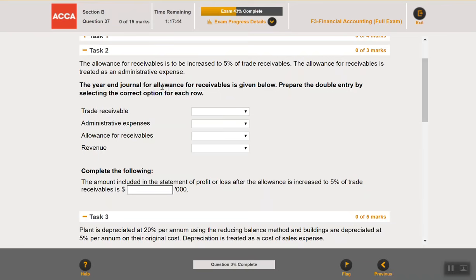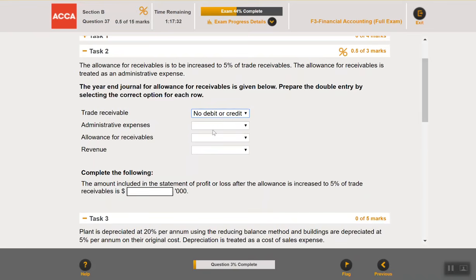Okay, so the year-end journal entry for allowance for receivable is given below. Prepare double entry by selecting the correct option for each row. Okay, allowance doesn't affect receivables directly. They affect them indirectly, but not directly. Administrative expense, yeah, it should be debited if we are taking bad debts as an administrative expense. Allowance for receivable, credited.